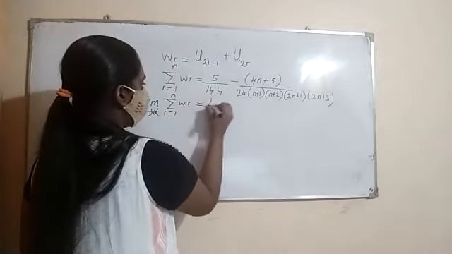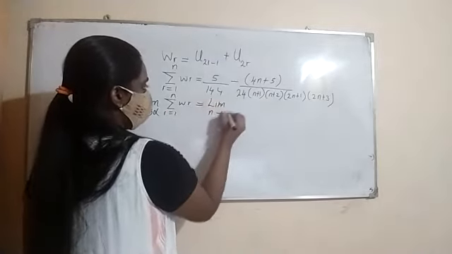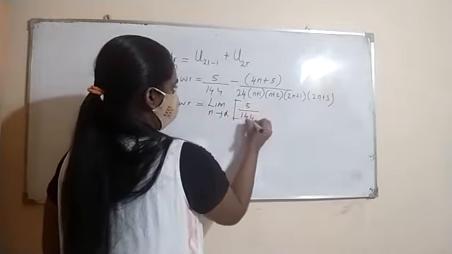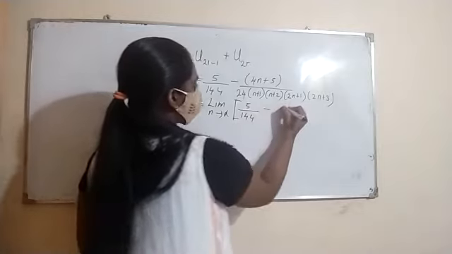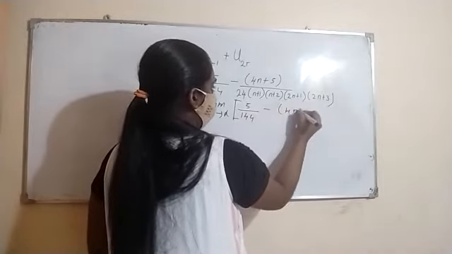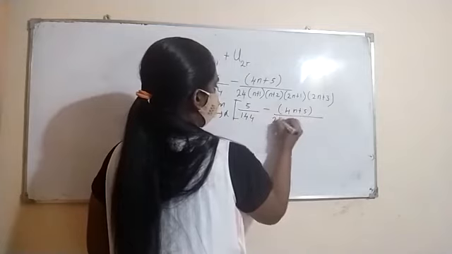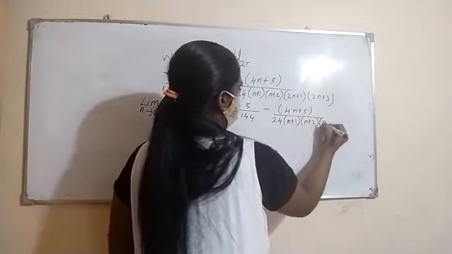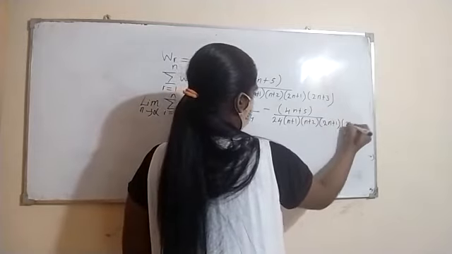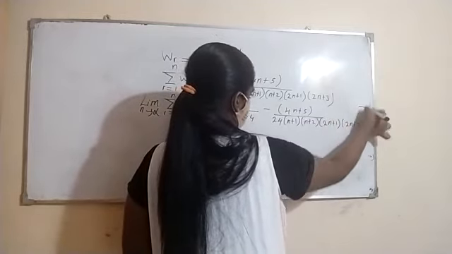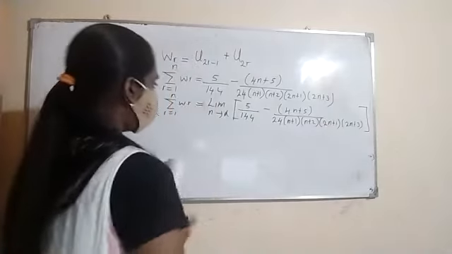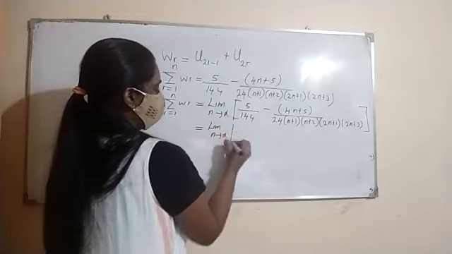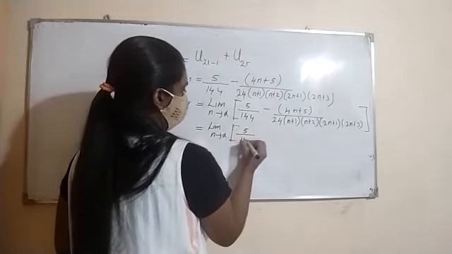So if I take limit on both sides, limit as n tends to infinity, 5 over 144 minus (4n plus 5) over 24 into (n plus 1) into (n plus 2) into (2n plus 1) into (2n plus 3).